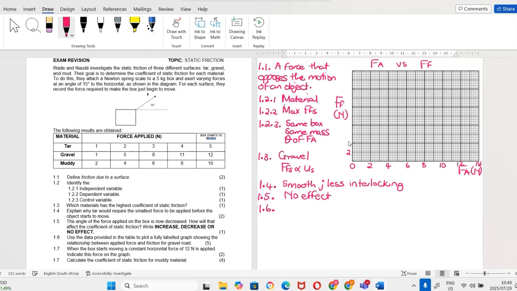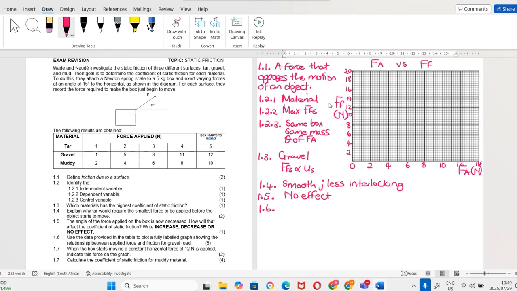So I'm going to put my 2 here, my 4 there, my 6, my 8, 10, 12, 14, 16, 18, 20. That's quite a lot of points that are there, but it's enough. It gives us a good graph, right? A wide range.